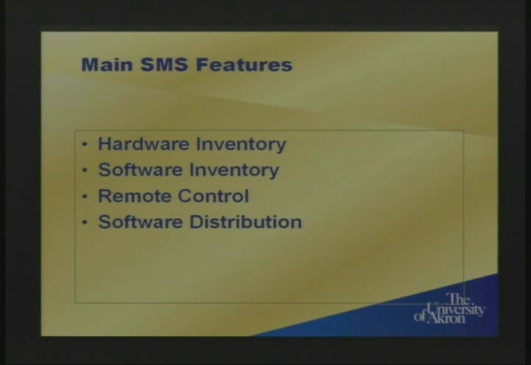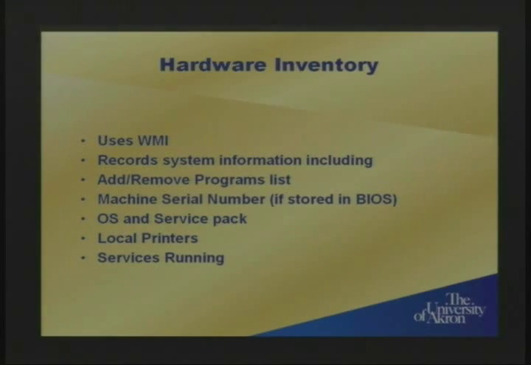Okay. These are the main features that SMS provides. Hardware inventory, software inventory, remote control. Hardware inventory uses WMI to interface with the PC to provide all kinds of information. It records system information like you have a hard drive, you don't have a hard drive, you have a floppy drive, all that regular stuff.